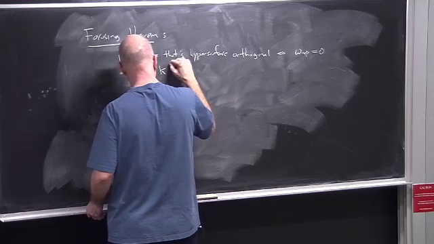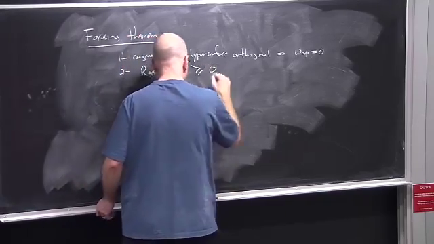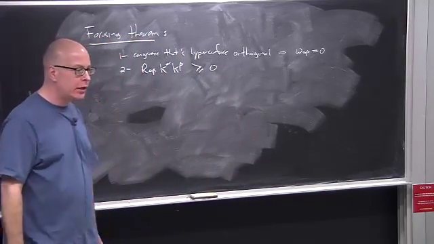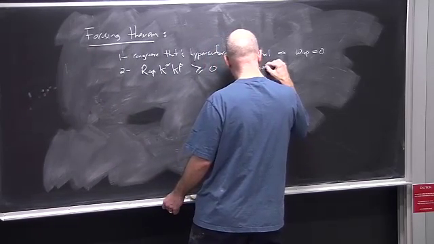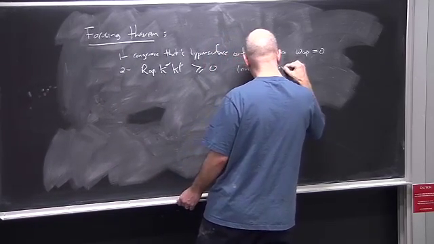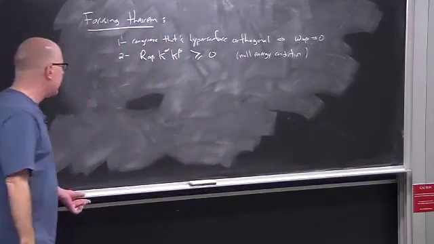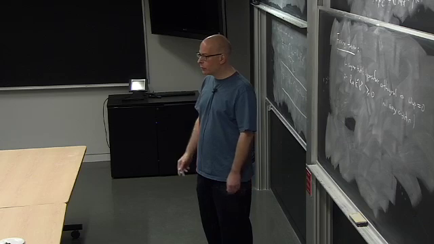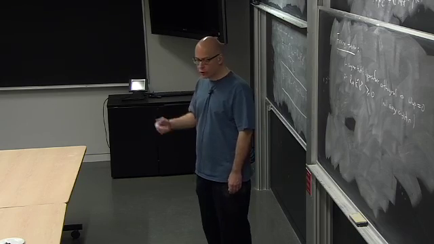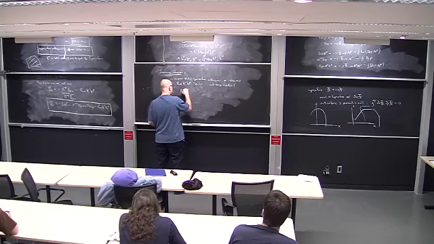Now, it's really a condition on the Ricci tensor. We may or may not care about the connection between the Ricci tensor and the stress energy tensor. But if we have the field equations, then this term is 8 pi T alpha beta minus half T g alpha beta, K alpha K beta. But the second term doesn't matter because K is a null vector.